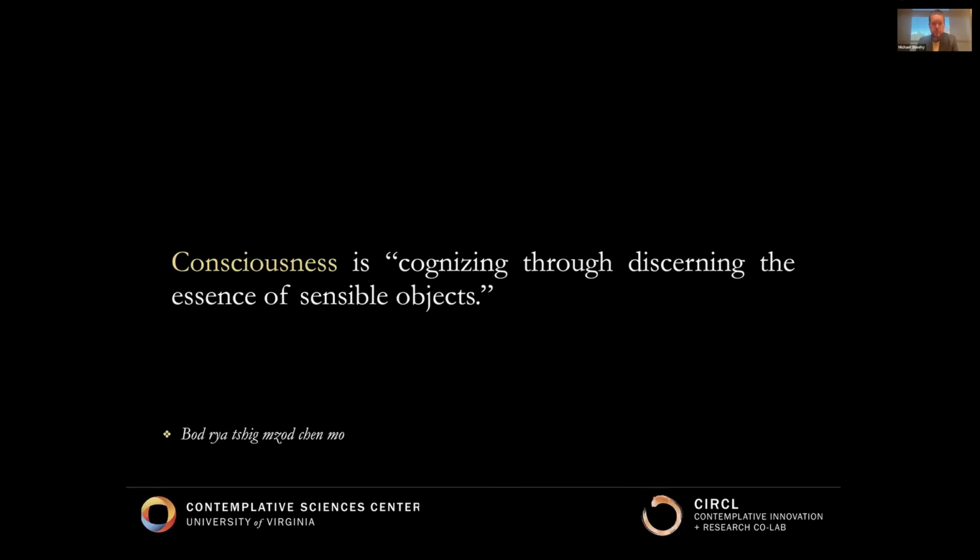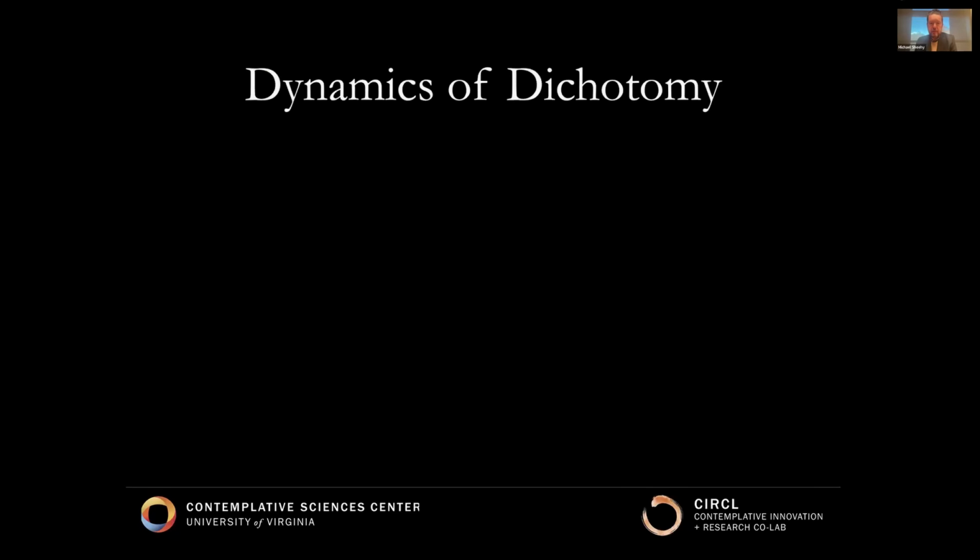Another way to think about this is that consciousness is cognizing through discerning the essence of sensible objects. So consciousness is constantly discerning and making sense, and in its very cognitive selectiveness and discernment, it's also bifurcating. It's making this dualistic framework of the subject-object intentionality, and that becomes deeply habituated to the point that it becomes the primary feature of ordinary awareness or consciousness.